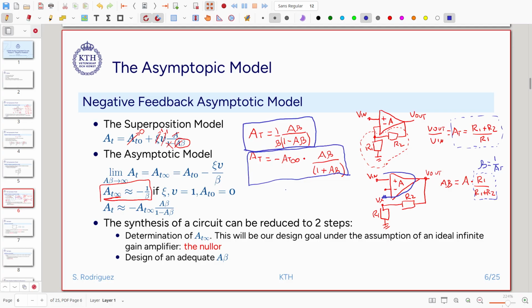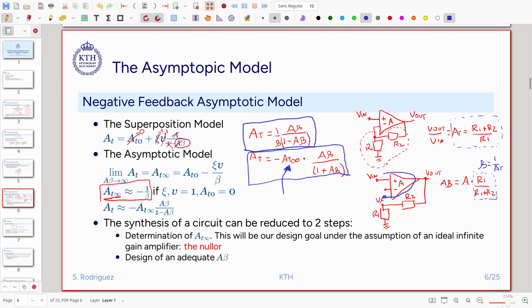So we will have two steps. The first one is to design the feedback that I will need, assuming that my amplifier is ideal, and that I will just need to put which kind of components I need in the feedback network, and the assumption that the amplifier is ideal.